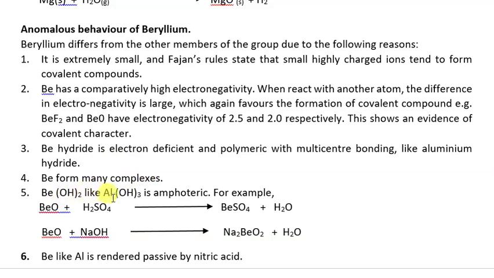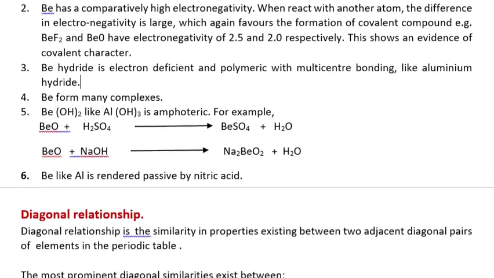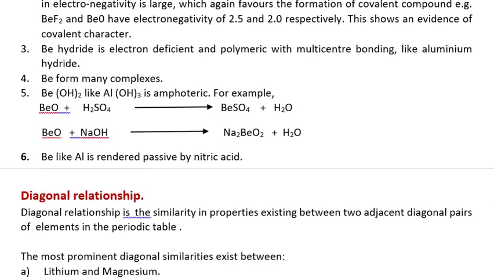Beryllium hydroxide, like aluminium hydroxide, is amphoteric. Kwa hiyo ina behave na properties za base na zile za acid. So last, beryllium like aluminium is rendered passive by nitric acid.